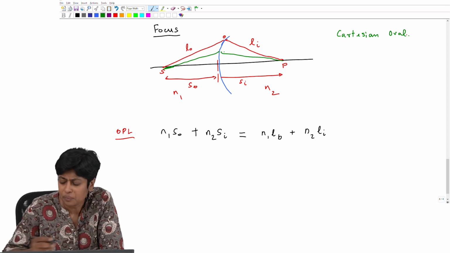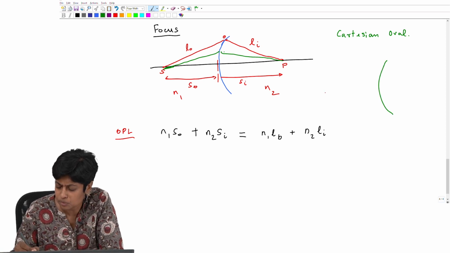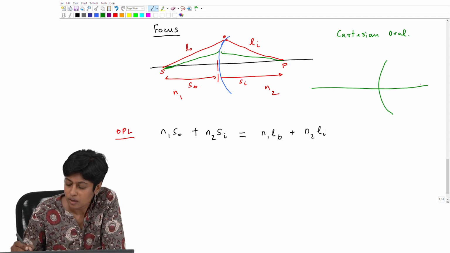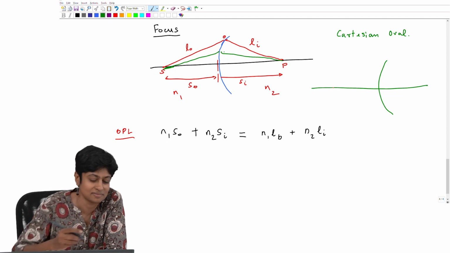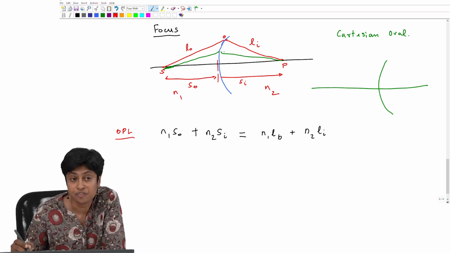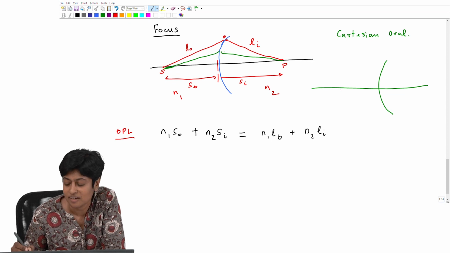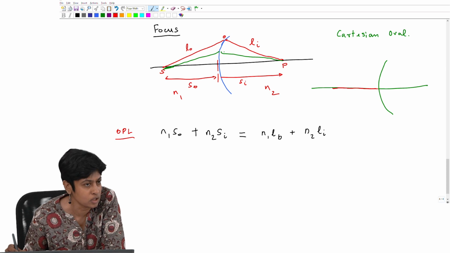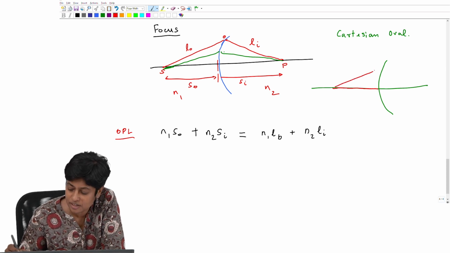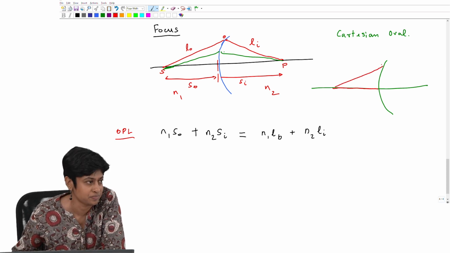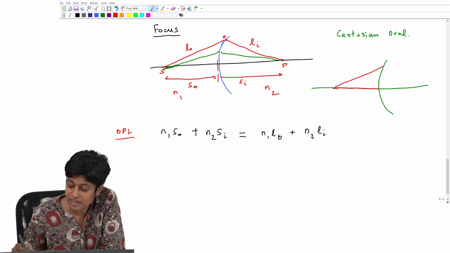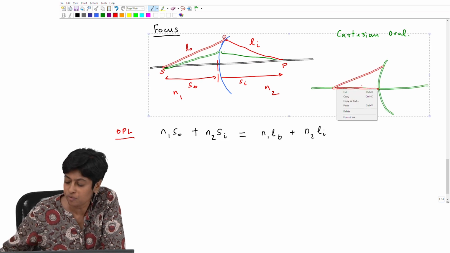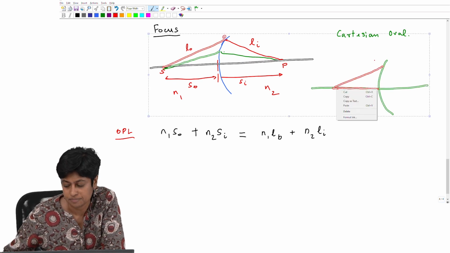You can think of how it works if you break it down. If you have rays traveling along the optical axis and a ray traveling at some distance, this ray hits the interface before this ray does.